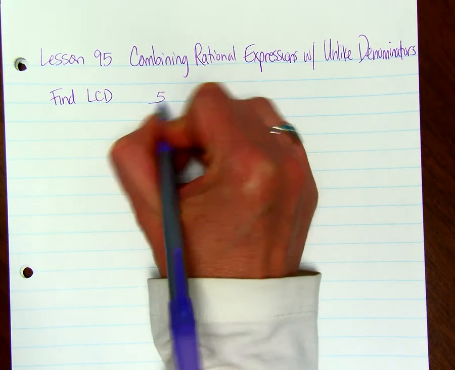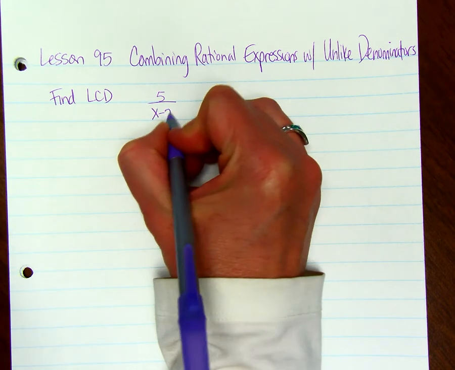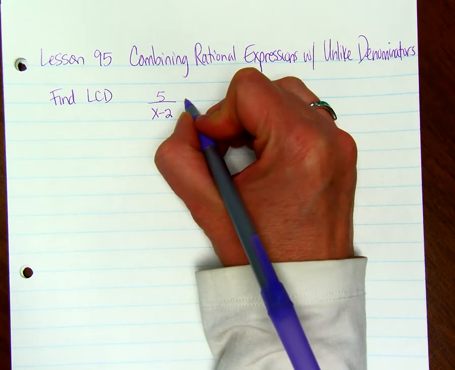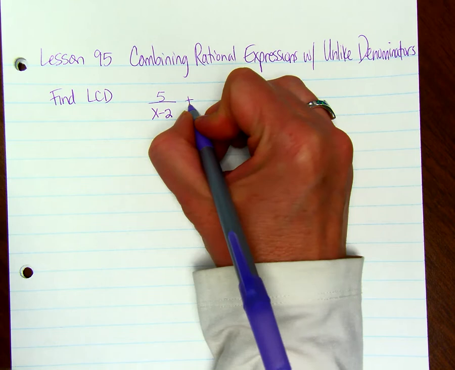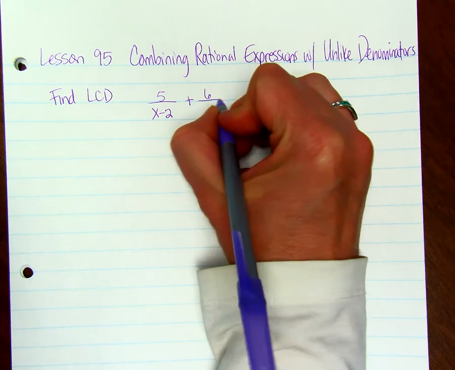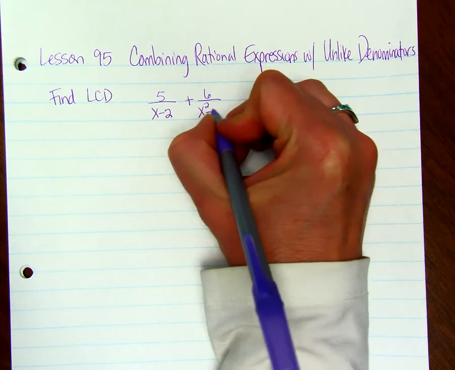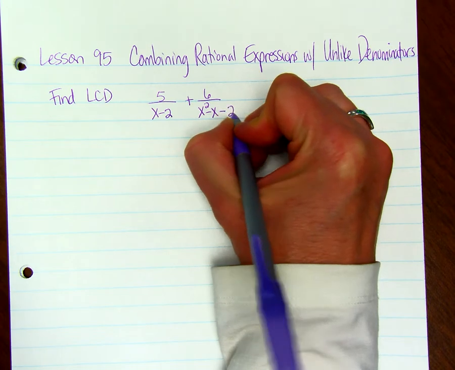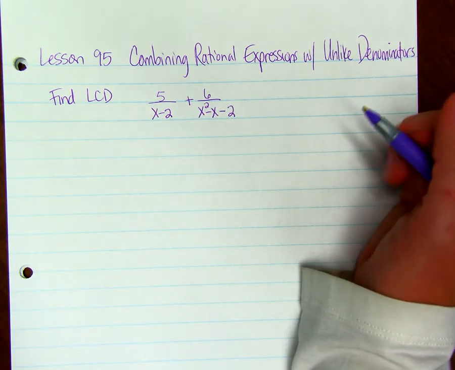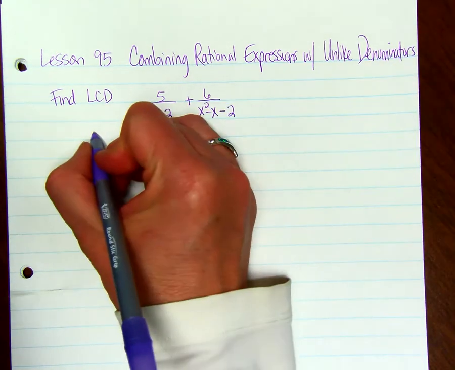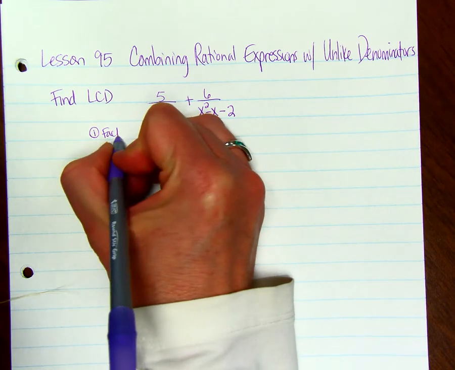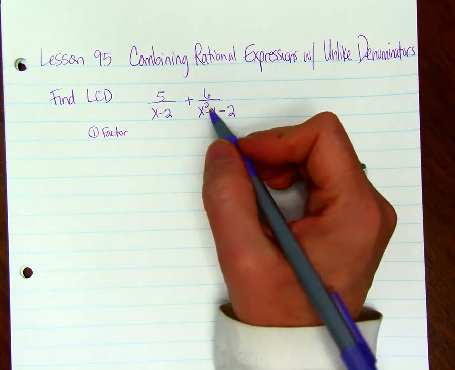So here's our problem. 5 divided by x minus 2 plus 6 divided by x squared minus x minus 2. So what you want to do is factor. We want to factor the denominators.